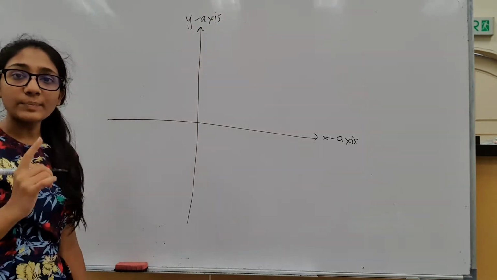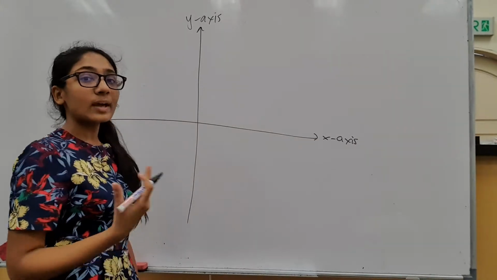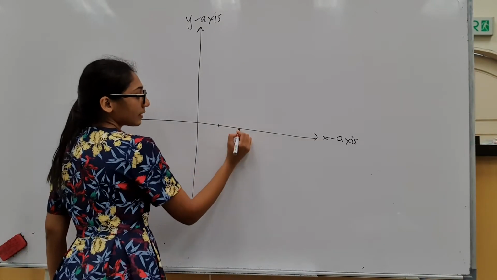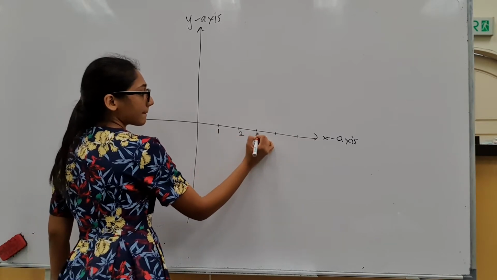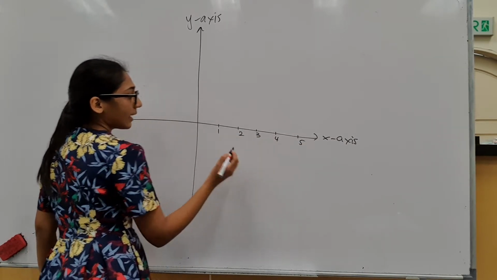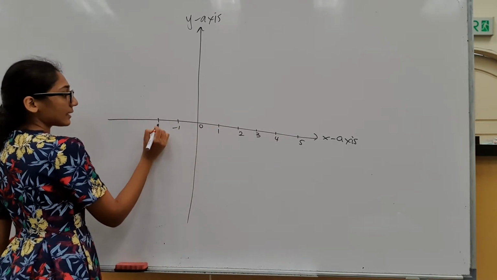Remember, when we draw a graph, the scales must be uniform. And this side is positive, this is 0, this side is negative.